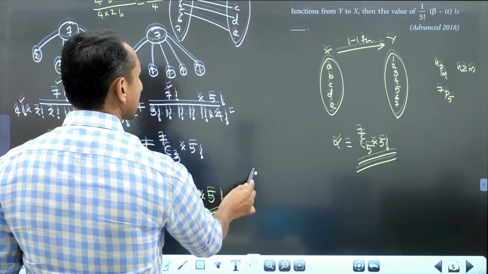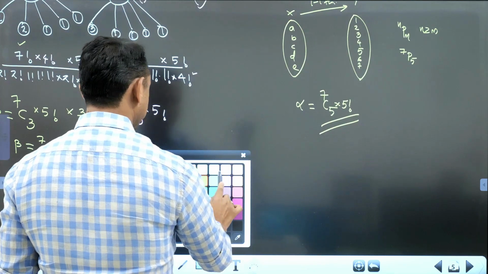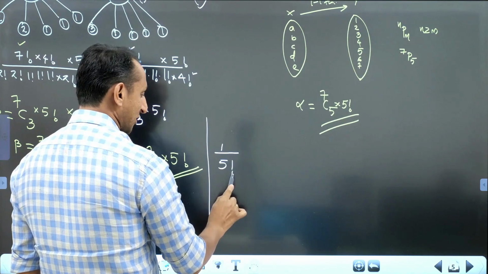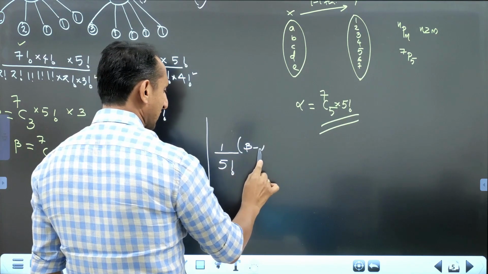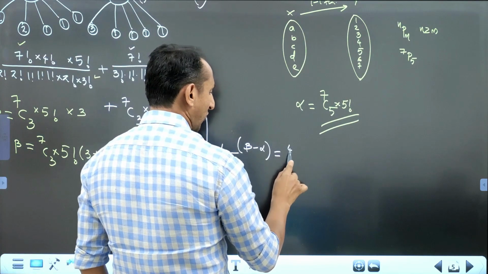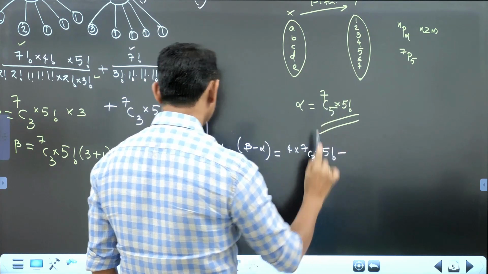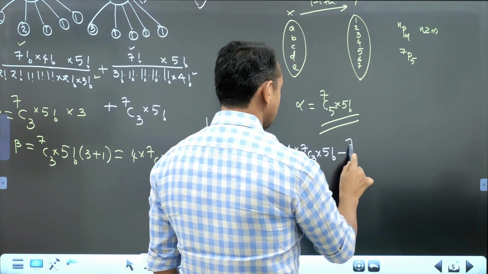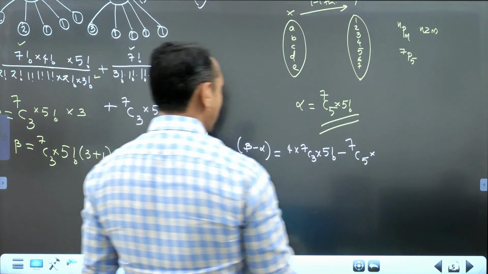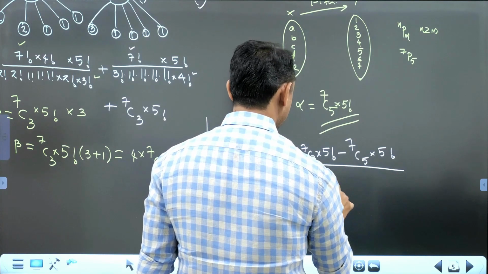Then find the answer. The question is 1 by 5 factorial into beta minus alpha. Beta is 4 into 7C3 into 5 factorial minus alpha, which is 7C5 into 5 factorial, whole divided by 5 factorial.